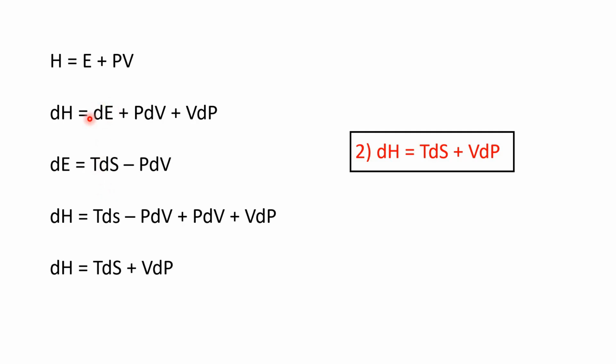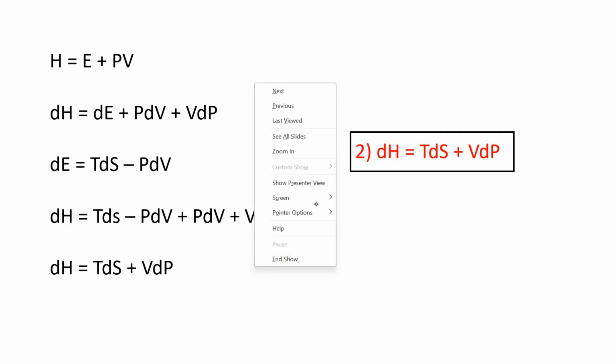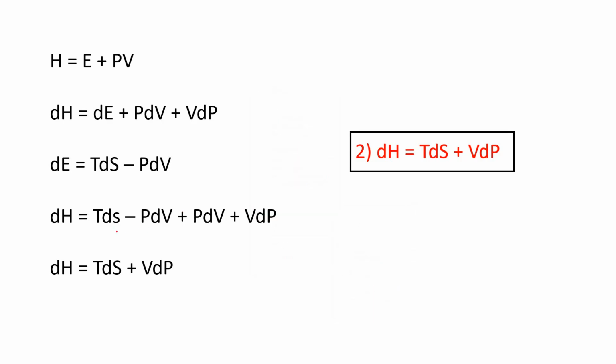So in place of dE, we put TdS minus PdV, and dH is equal to TdS minus PdV plus PdV plus VdP.